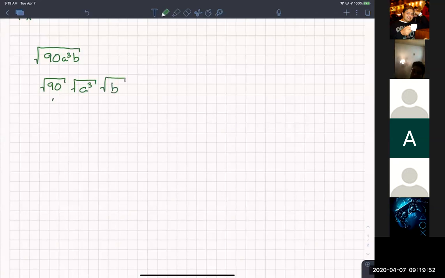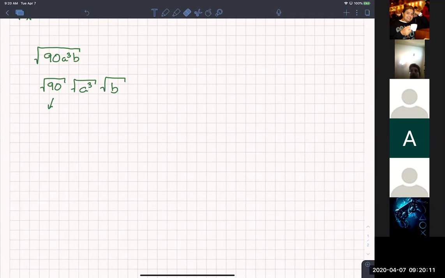Now, we try to simplify 90. How do we simplify 90? Remember, we look for two numbers. How do we break down 90? 45 and 2. Are 45 and 2 either of those perfect squares? No. Okay. Hold up.